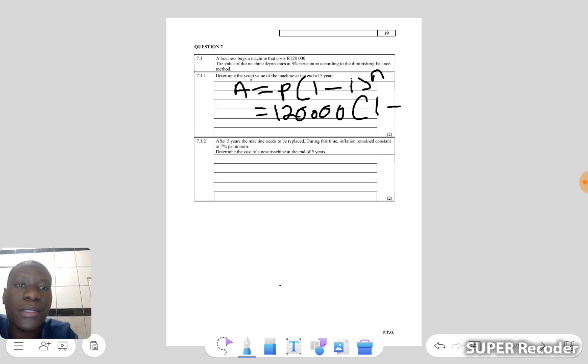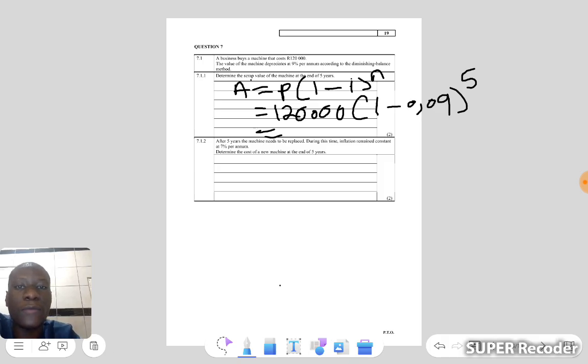Then 1 minus i, where i is the interest rate, and it is always in decimal. So here it will be 0.09. Then n is the period. The period is 5 years. To get the decimal, you have to divide 9% by 100. That's how you do it. It is always in decimal all the time.